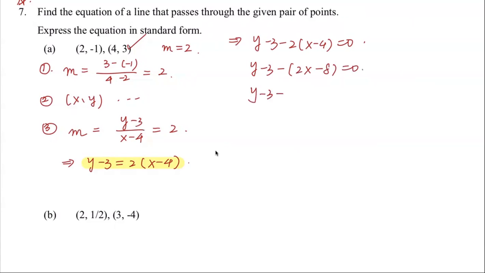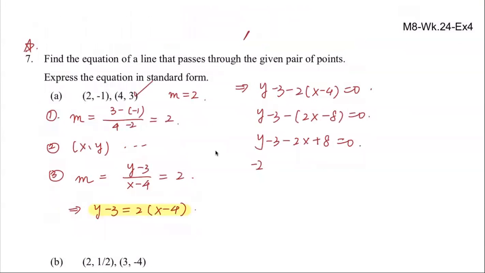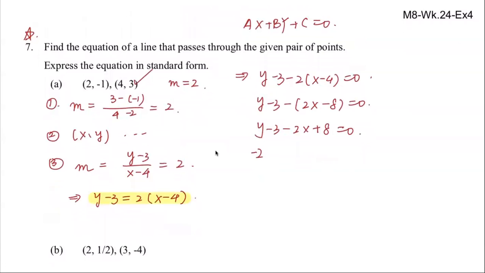Y minus 3 minus 2x, again, minus before brackets. So this minus needs to be changed to plus when we open the brackets. Plus 8 is equal to 0. We move the x term to the front, because that's what the standard form looks like, right? The x term is the first term, right? So minus 2x plus y minus 3 plus 8, that's plus 5, is equal to 0.